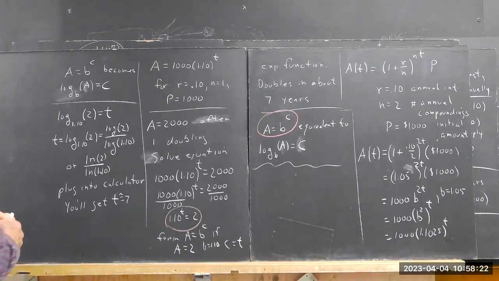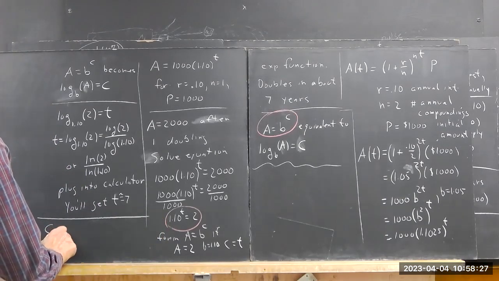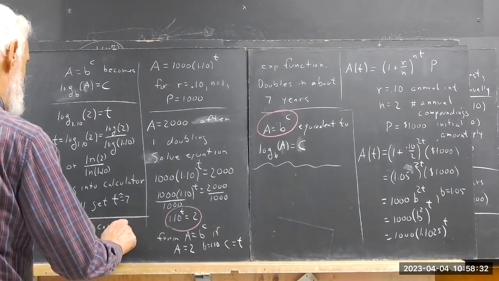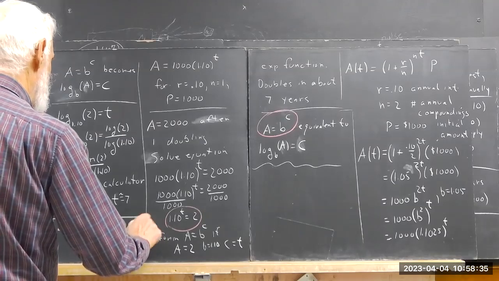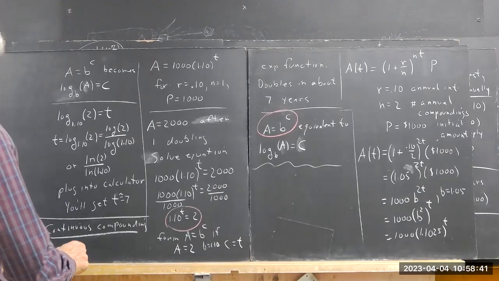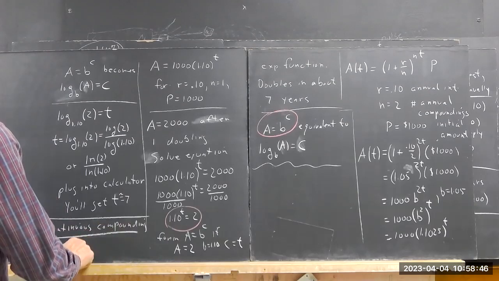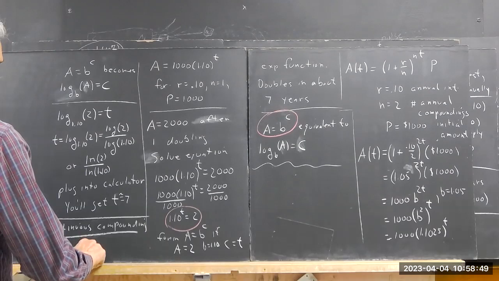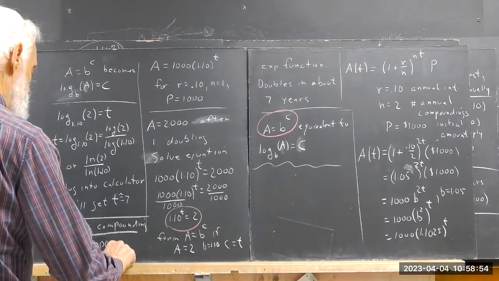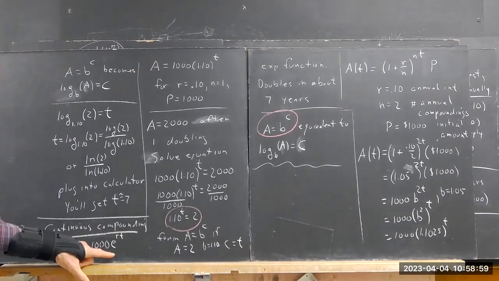The original question we had was continuous compounding. I'd like to get into the definition of e in a class. It's always been a struggle. Continuous compounding. You'd have A equals 1,000 e to the rt.